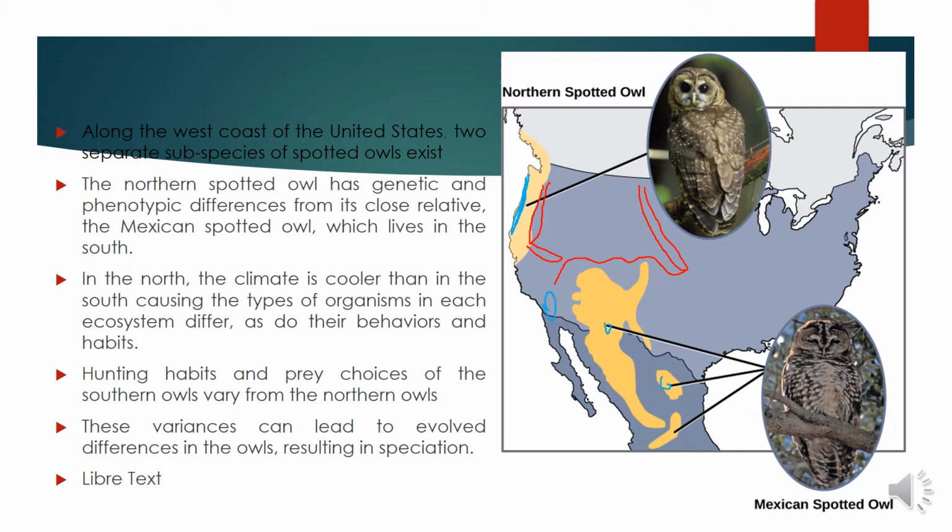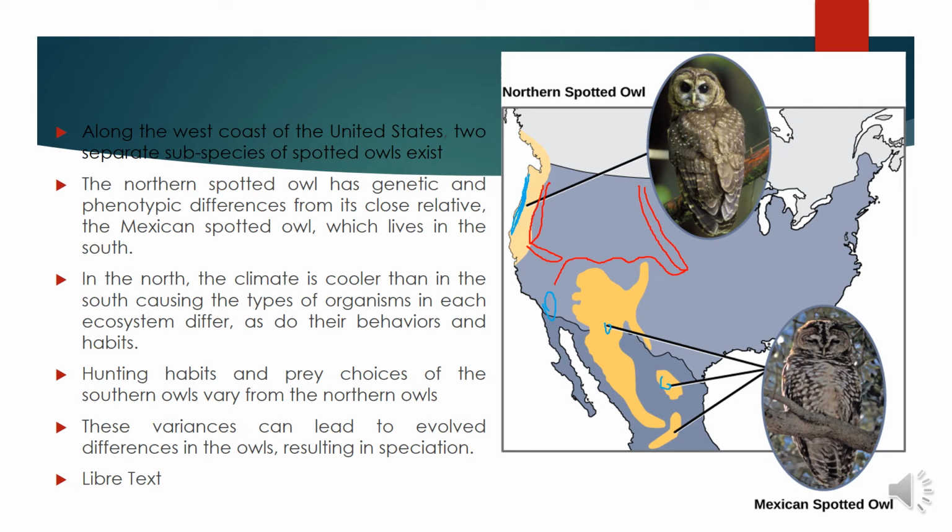Because these owls cannot live in a very cold environment, they are not able to cross these high mountains and move out. So they got isolated, and there is no genetic interaction between these subspecies of owl.